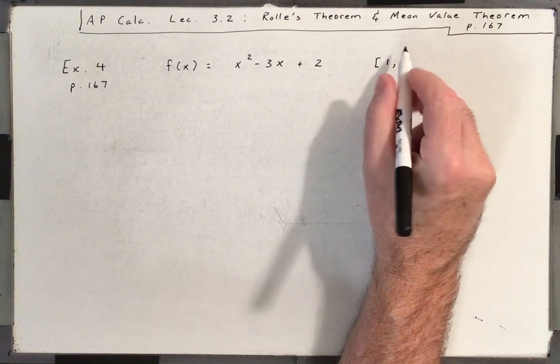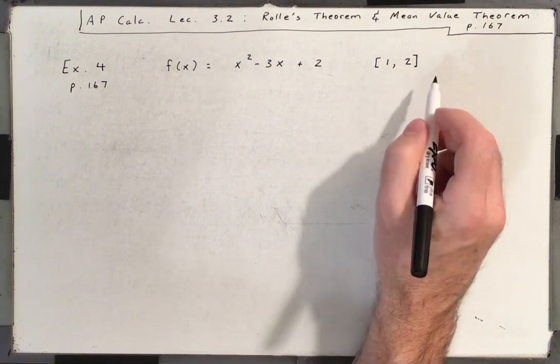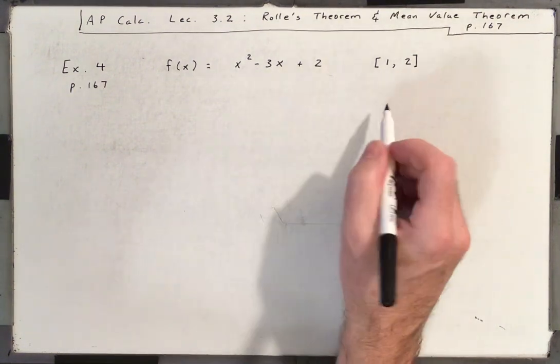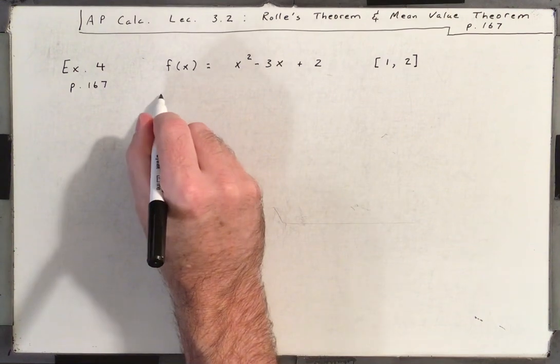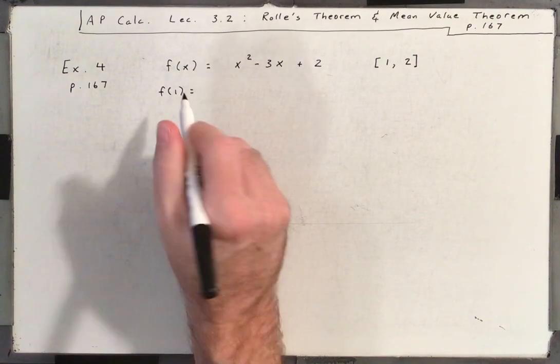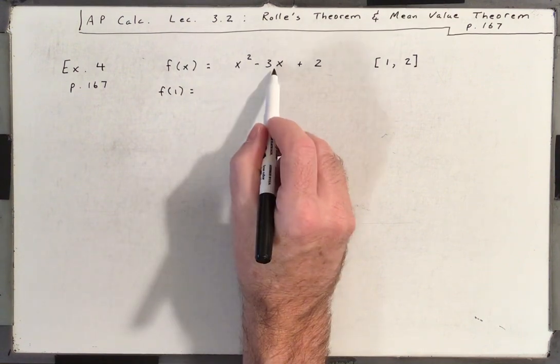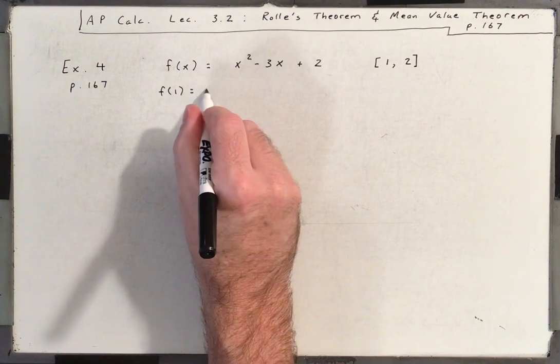And the interval is between 1 and 2. So the x values between 1 and 2. First of all, we got to see if Rolle's theorem applies. So f of 1 has to equal f of 2. So f of 1, we'd have 1 squared, 1, minus 3, that's negative 2, plus 2. F of 1 is 0.